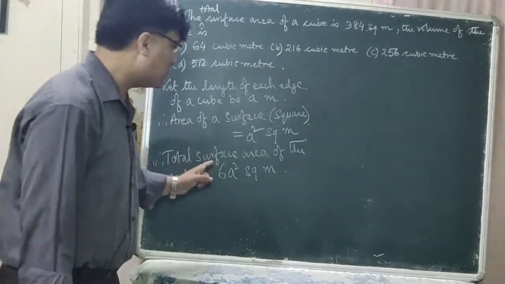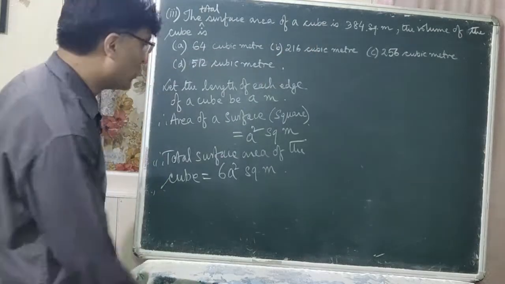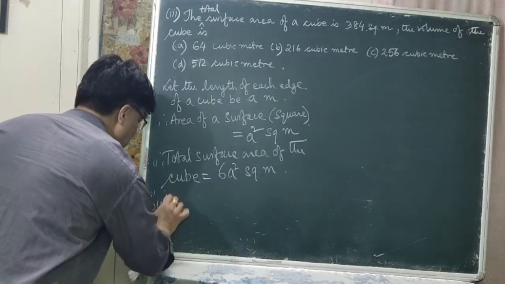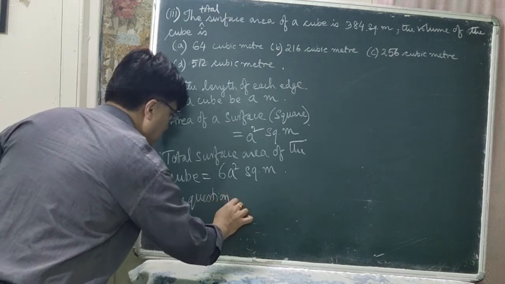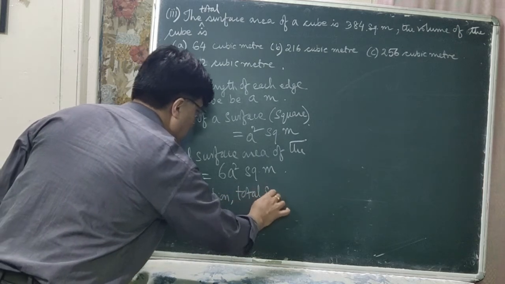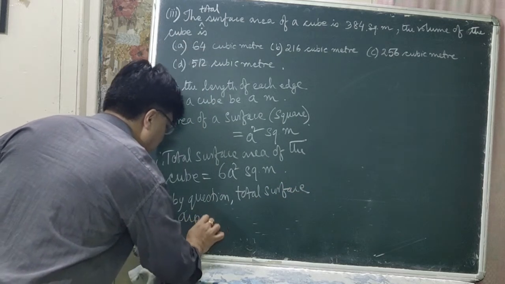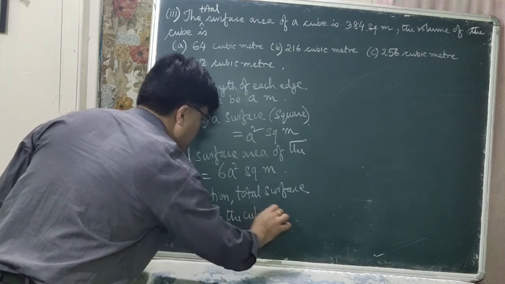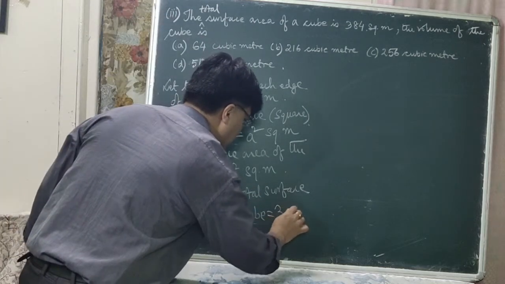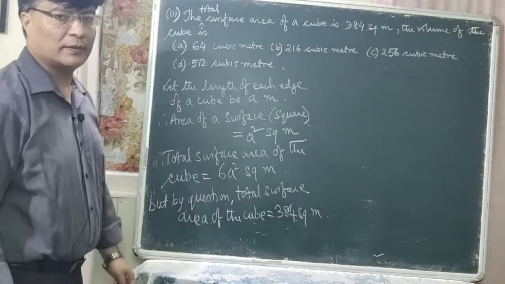Okay, but by question, what is the total surface area of the cube? 384 square meter. So but by question, total surface area of the cube is equal to, how much is that? This is 384 square meter.